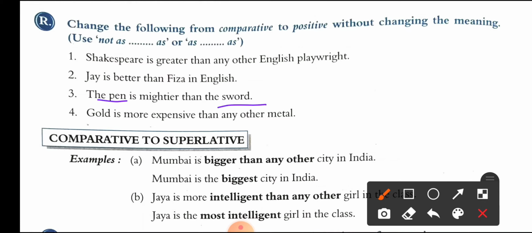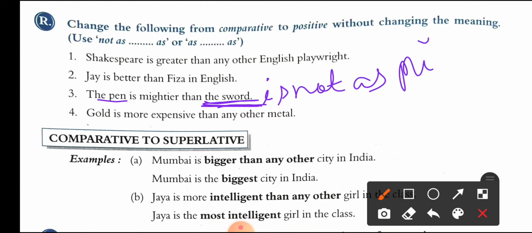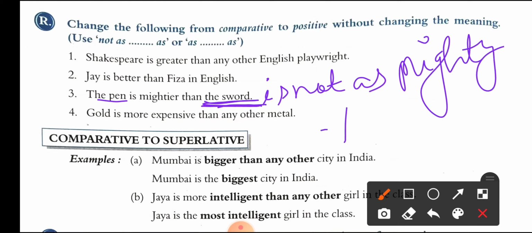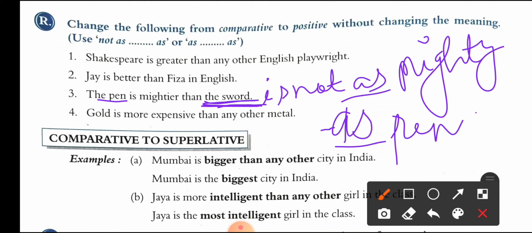So the answer starts from here: the sword is not as mighty as the pen. The "as... as" pattern we are following here, and "mighty" is the positive degree.